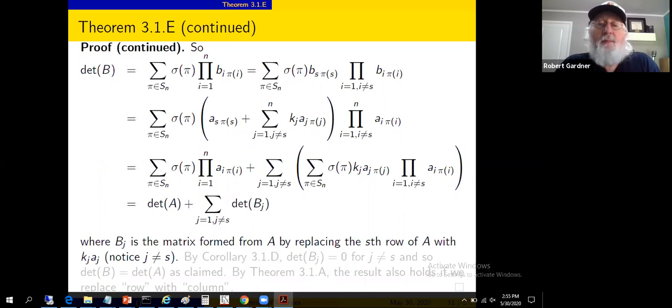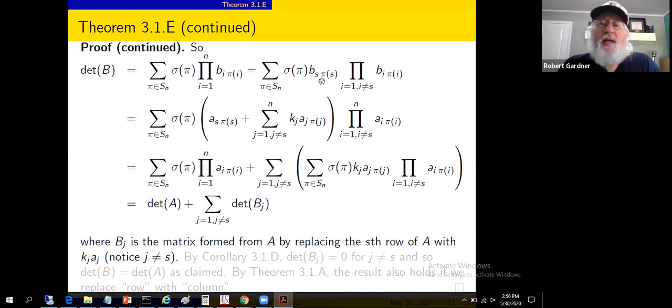Let's pull from each of these products the S term. Pull out B sub S pi of S. So then the product becomes a product from 1 to n, except for I equals S. So we got the exact same stuff in each of these. We just factored out in each of these products the S term.